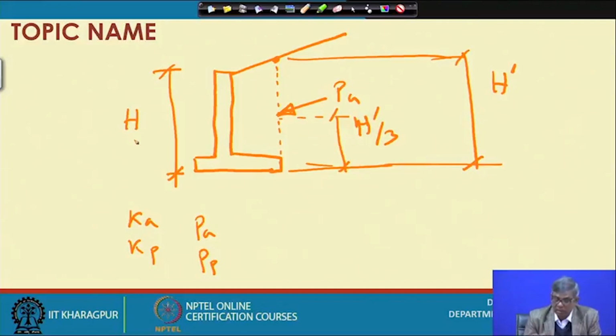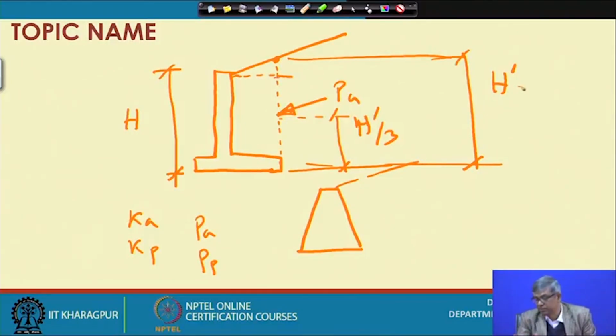Similarly, if there is a wall something like this, then what will be the height of this? This H dash will be H plus something.